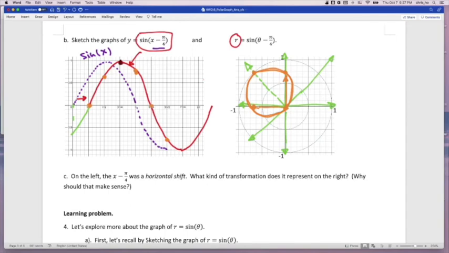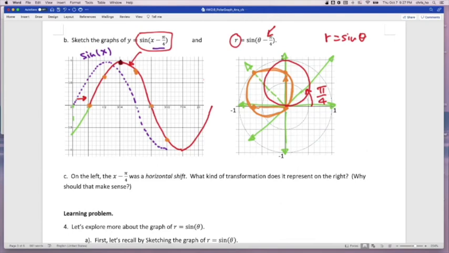So what do we observe here? The original sine function, if it were r equals sine theta, the graph was like this. Now when the angle becomes theta minus pi over 4, it looks like it's rotated counterclockwise by pi over 4.